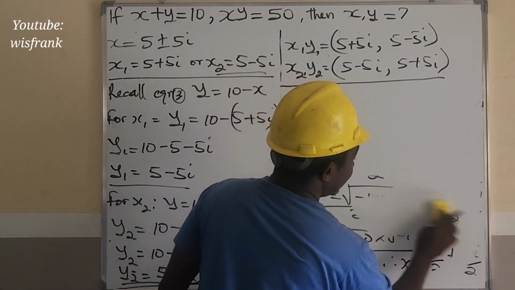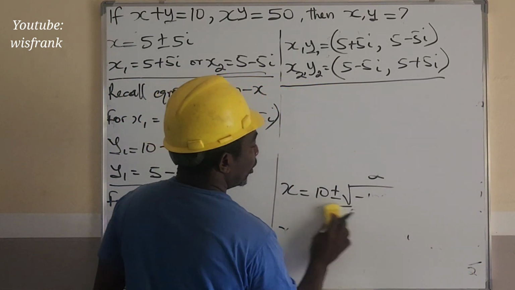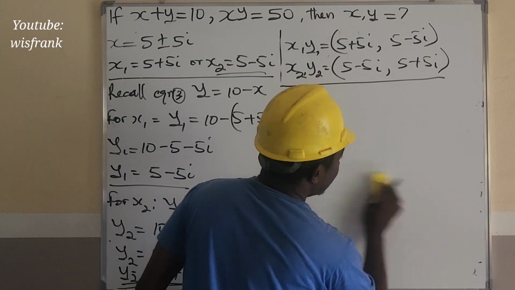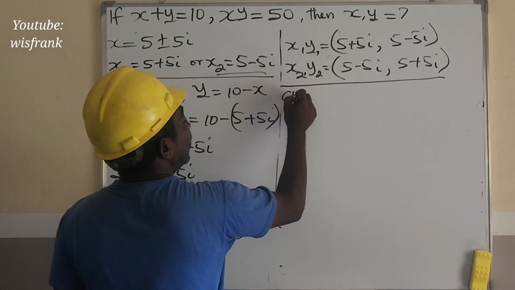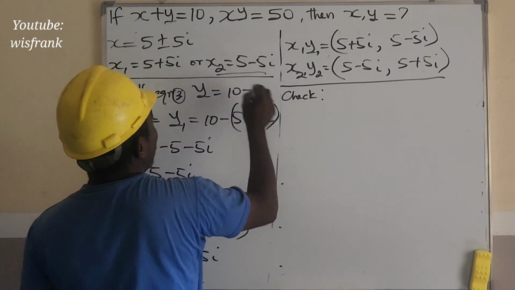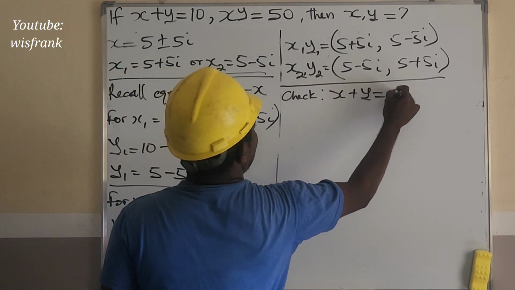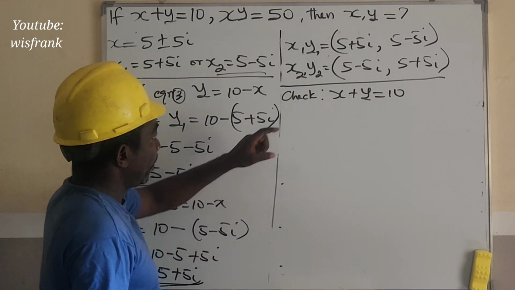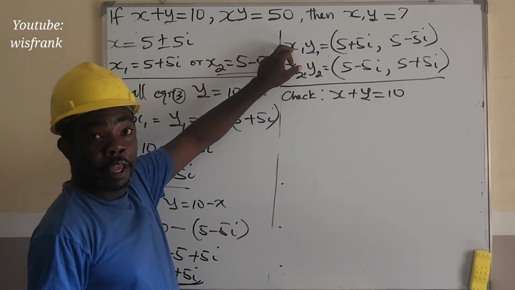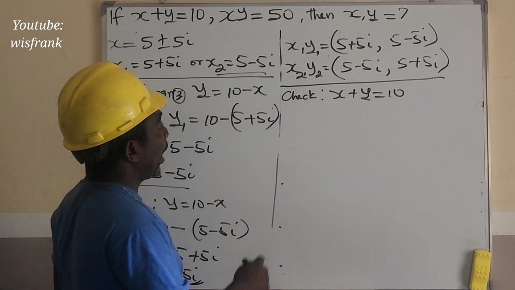We can do a little check to see whether the solution of x and y will give us the correct answer. So we have here, check. From the equation x plus y equals 10, let's substitute the values of x and y.